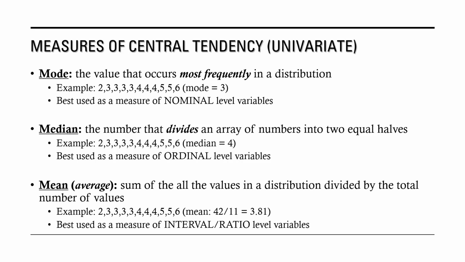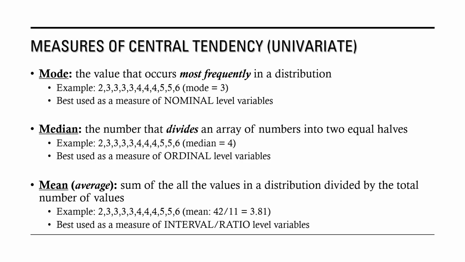One individual answered 2. We have a couple of different individuals who'd answered 3, a couple who'd answered 4, 2 who answered 5, and then 1 who'd answered 6. The mode is the value that pops up the most frequently in our distribution. So in this case, we can see that the mode is 3. That's the value that is appearing more than any others in our respondents' answers.